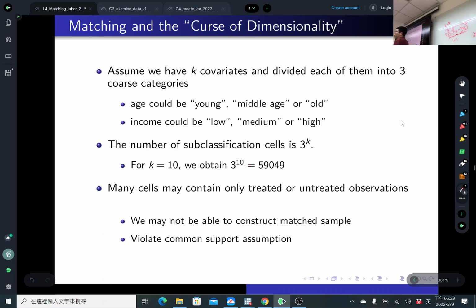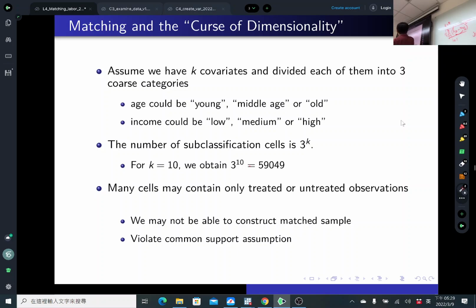And income is also a continuous variable. If you want to directly match income, you might think it's impossible. Or we just say low income, medium income, and high income. So in that case, just two variables, and we roughly make each variable have 3 categories.